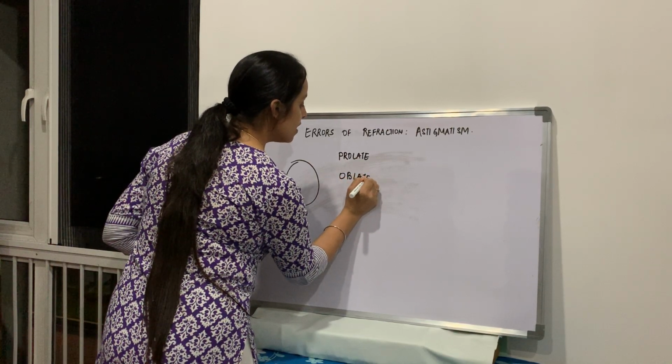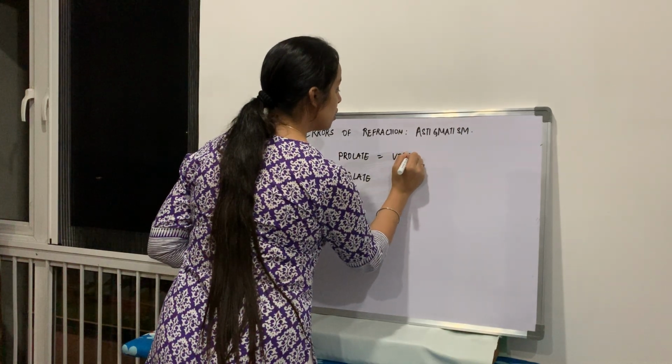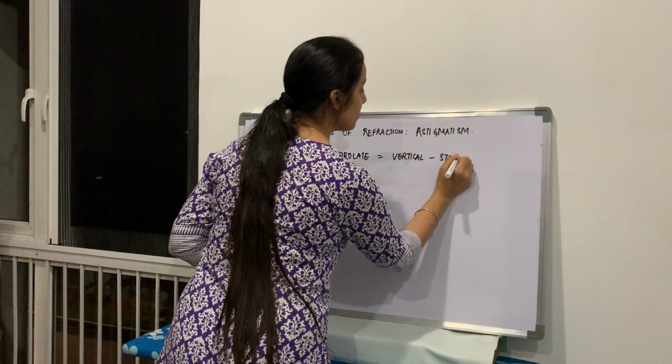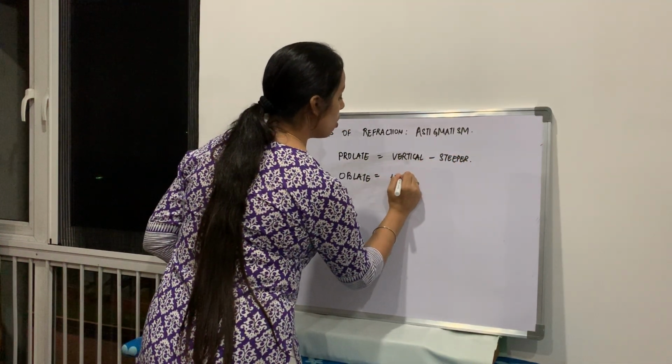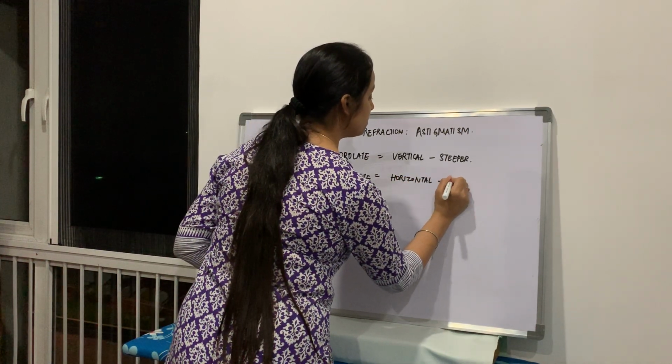Okay. In this prolate structure, the vertical is steeper. Okay. And in this oblate structure, the horizontal is going to be steeper.